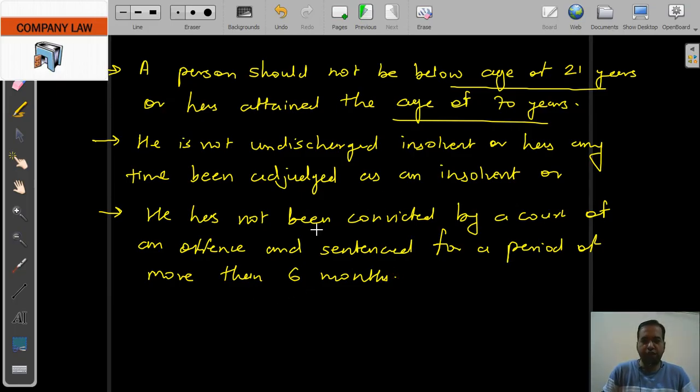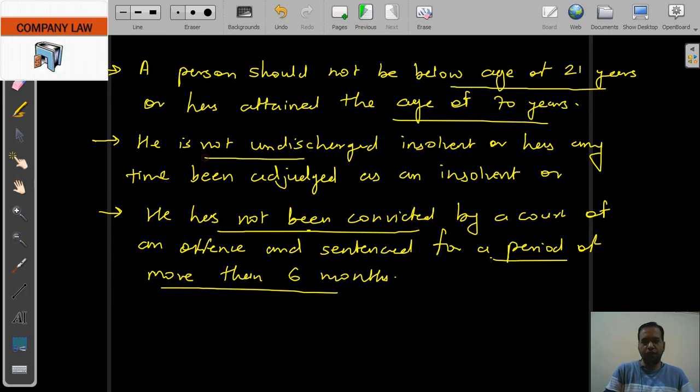So he has not been convicted for more than 6 months. He is not an undischarged insolvent. So these are some of the criteria.